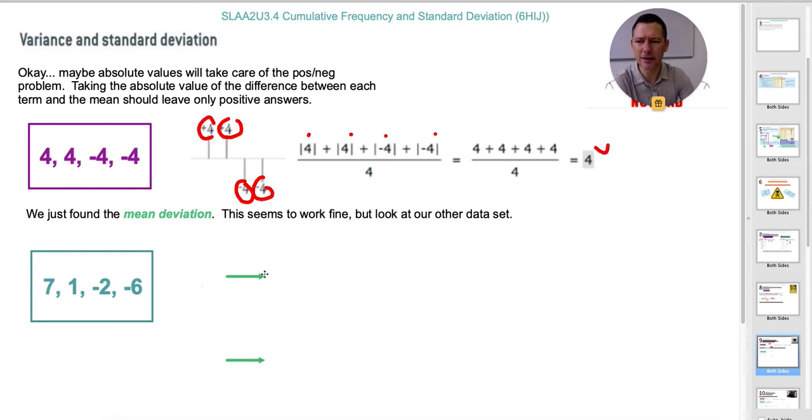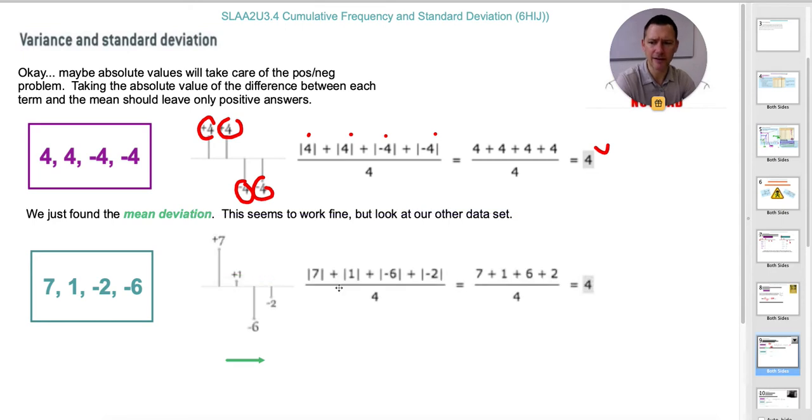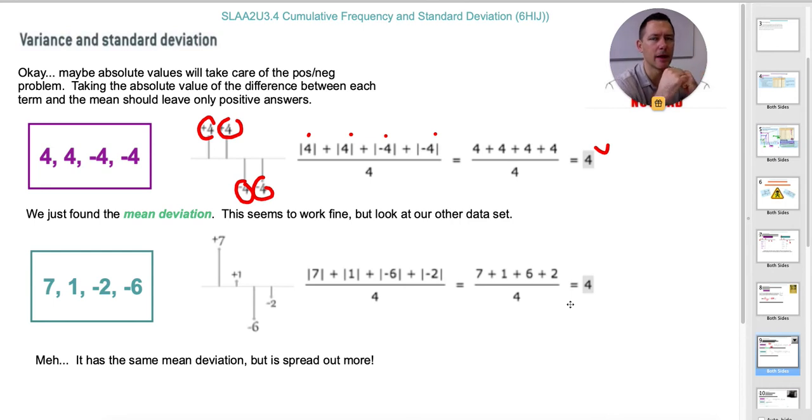That's okay. Let's try that with the other data set. If you take the absolute value of this and this and this, the absolute value of this one's also 4. So that's not very useful, right? Just removing the negative doesn't really make us see that this is more spread out.